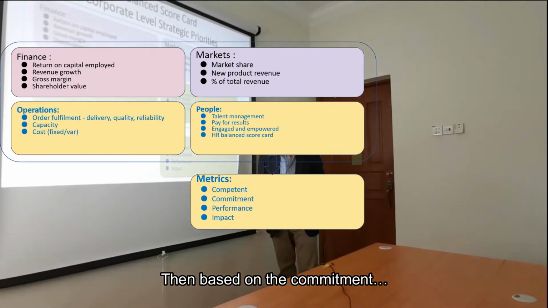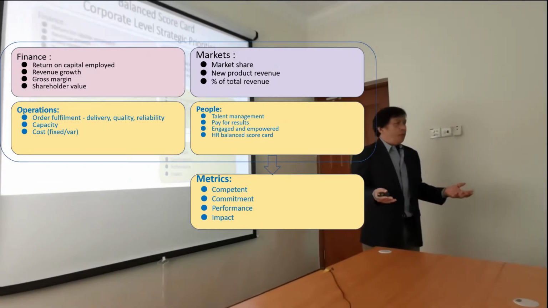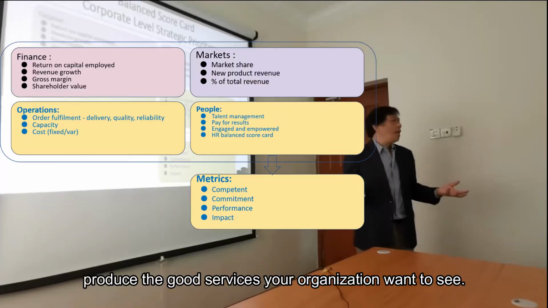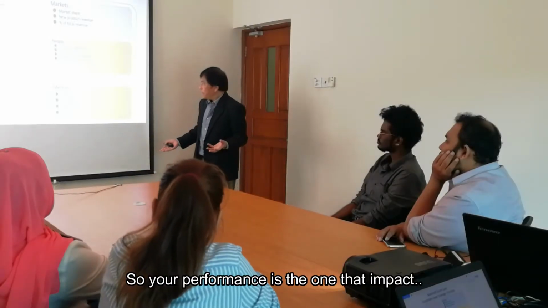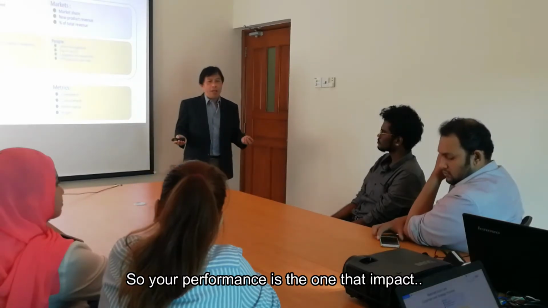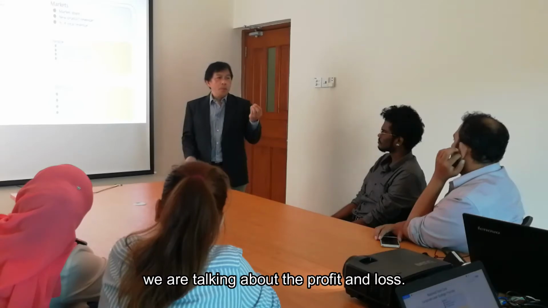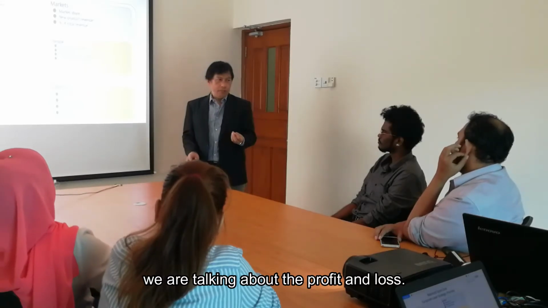Then, based on that commitment, only then can you perform and produce the goods or services that the organization wants to see. And of course, your performance is the one that impacts the organization's bottom line, the profit and loss.